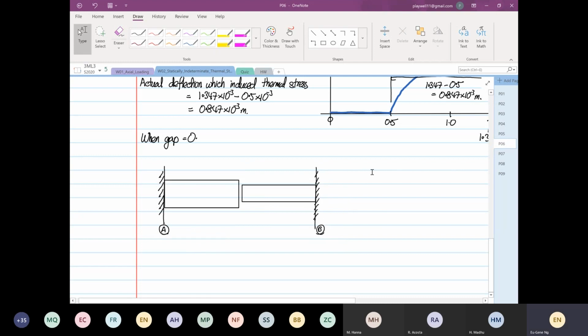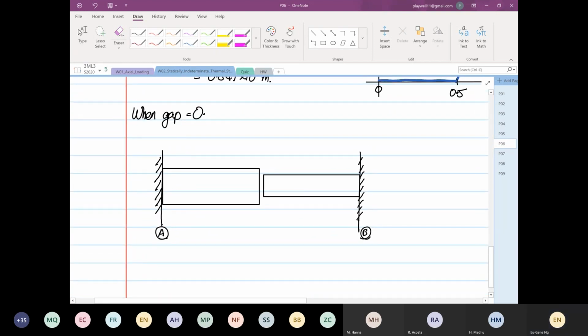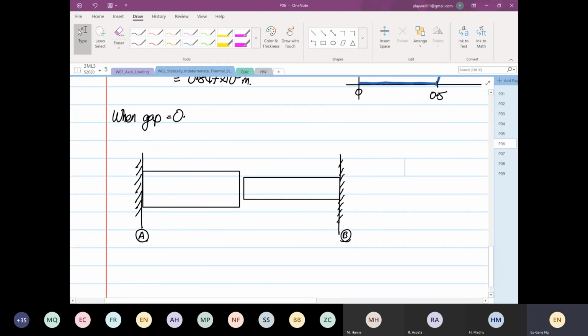So we know that on the left-hand side, we have our aluminum. On the right-hand side, we have our stainless steel, or we have our steel, right? I'm going to use different color because I'm going to explain this on color. So this is our aluminum. This is our steel.